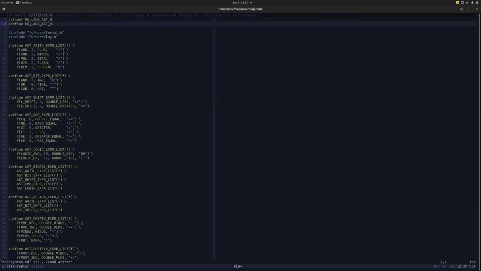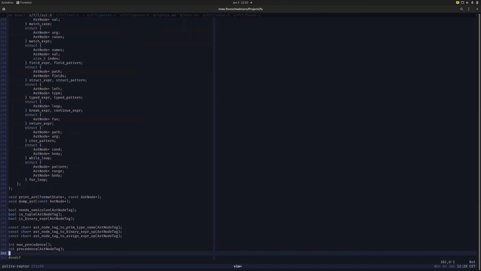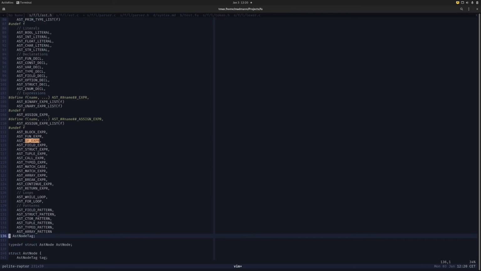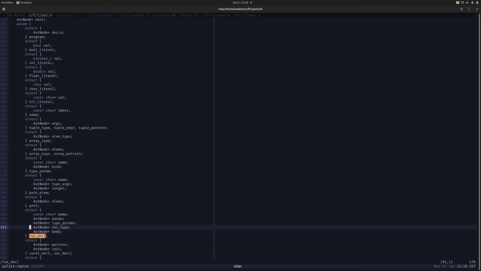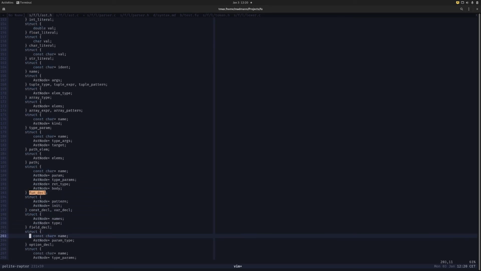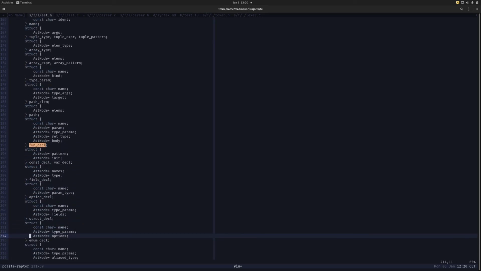Now I need to add this to the AST. So I go to the AST and I say, well, I need an annotation. So here, if I look at the declaration, I say fun deco. I could add the attribute here, right? But then I would also have to add it to other declarations such as constants or structures or enumerations. That can be quite tedious.